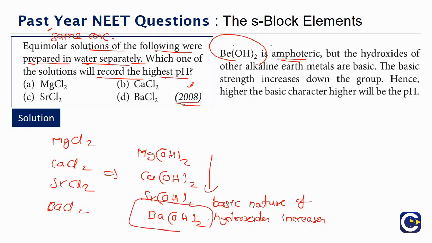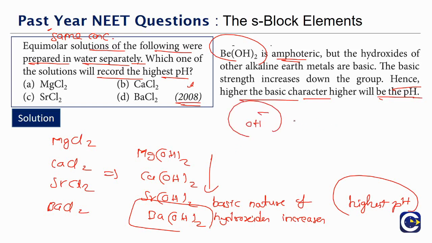Remember, because the concentrations are all the same, the most basic solution is going to have the highest pH. Wherever the basic character is more, that solution will give more OH minus.